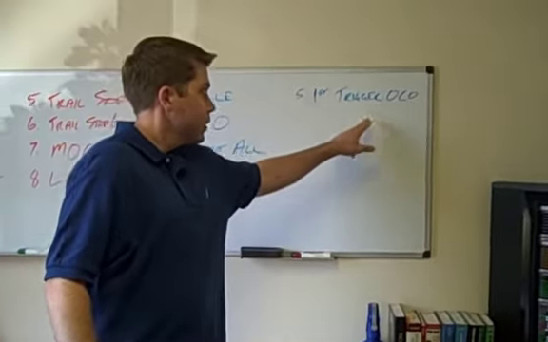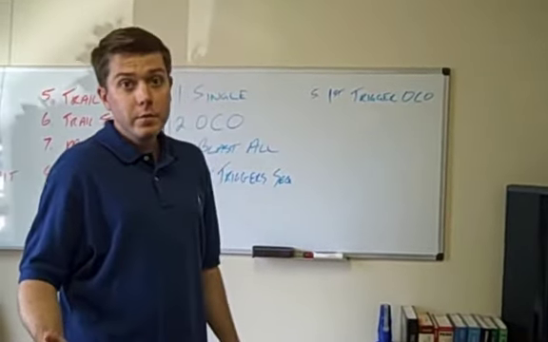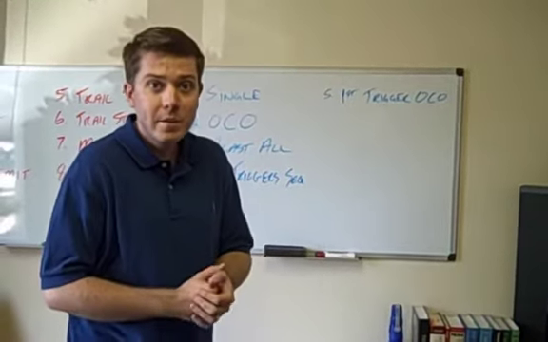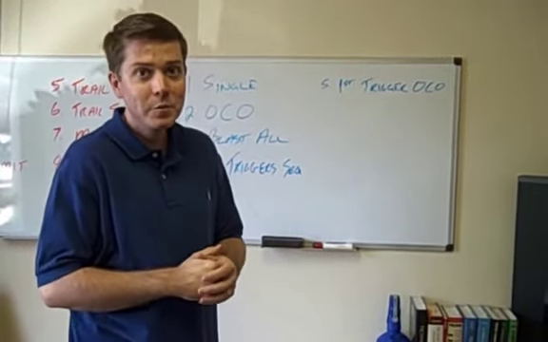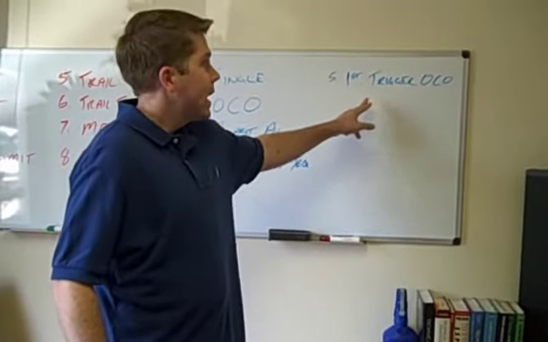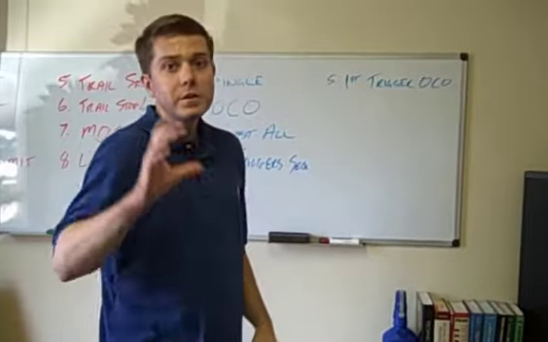And then we've got first triggers one cancels other. So if you want to get real fancy when you're day trading, you can put your order in for the trade and couple it with the OCO, with the stop and target.